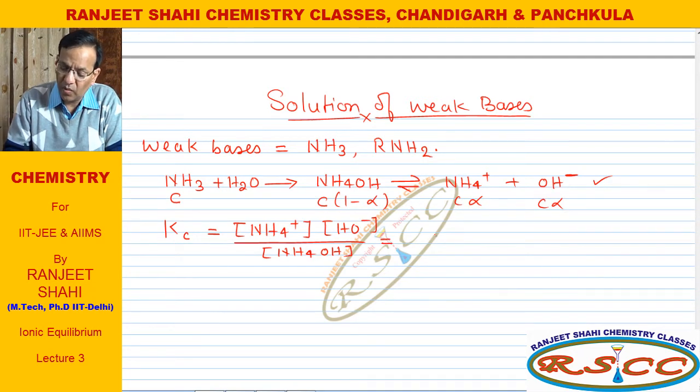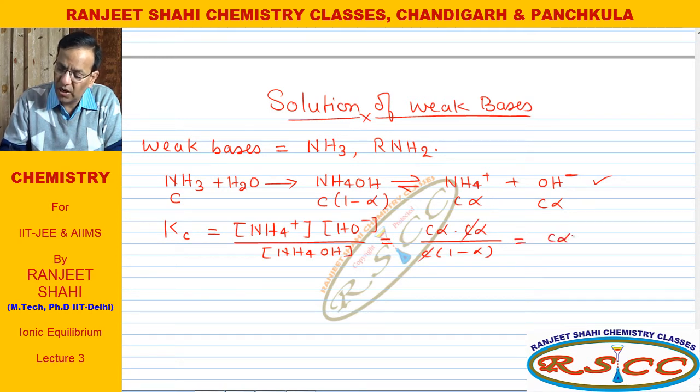Substituting the values in terms of alpha and C, it will be C alpha divided by C into 1 minus alpha. So if we cancel one C, it will be C alpha square upon 1 minus alpha.